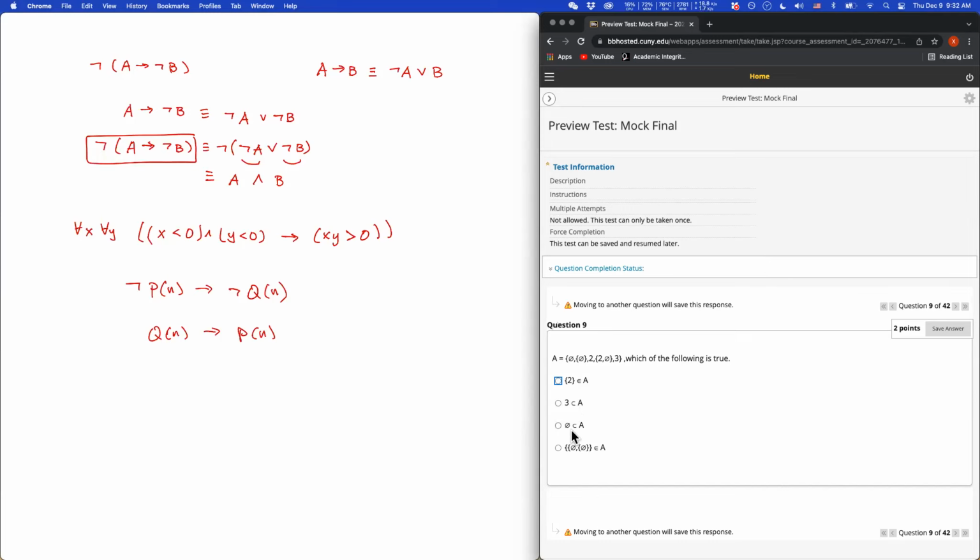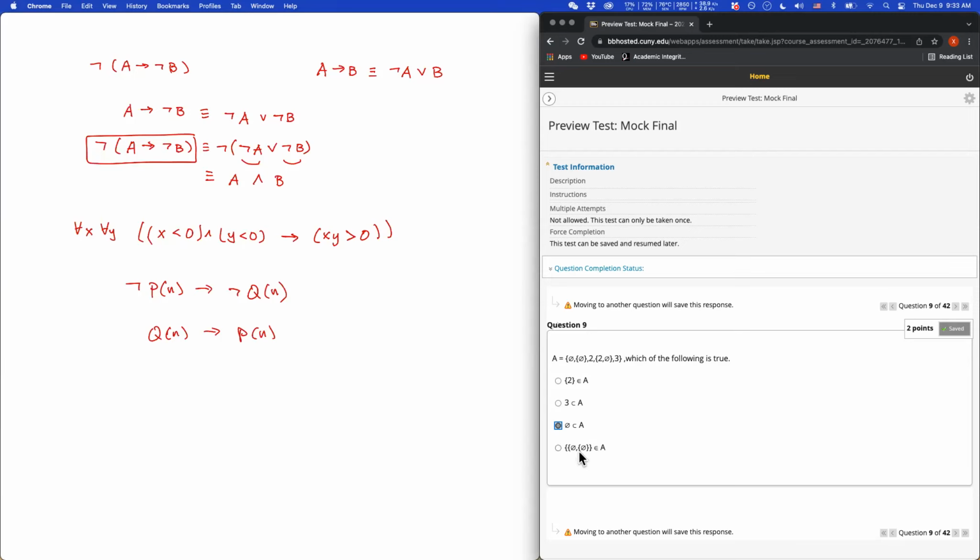Now, is the empty set a subset of A? The answer will be yes, right? The empty set is a subset of any set. Now here you have the set containing the empty set is an element of A. Now it will be wrong, right?